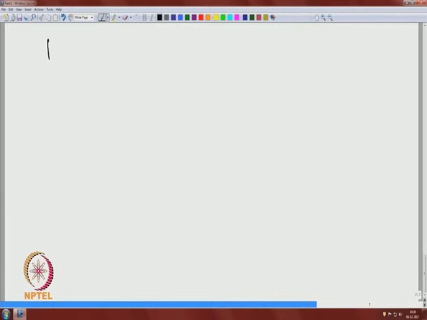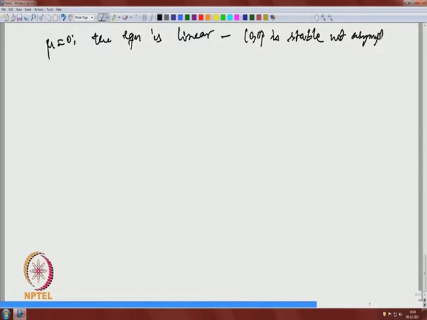So, for mu equal to 0, the equation itself is linear, and the origin (0, 0) is stable, but not asymptotically stable. Stable.